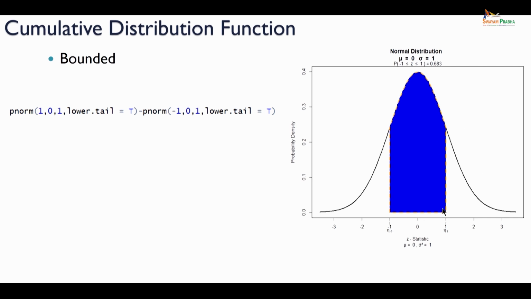What I first calculate is this region, and then I subtract this part alone. If you do that, you will get the difference, which is nothing but the bounded values between -1 and +1. You get a value of 0.6826 rounded off as 0.683 and displayed above the plot when you visualize it.